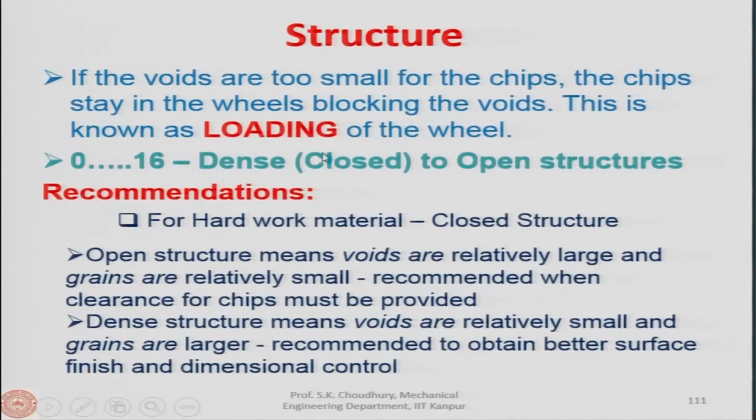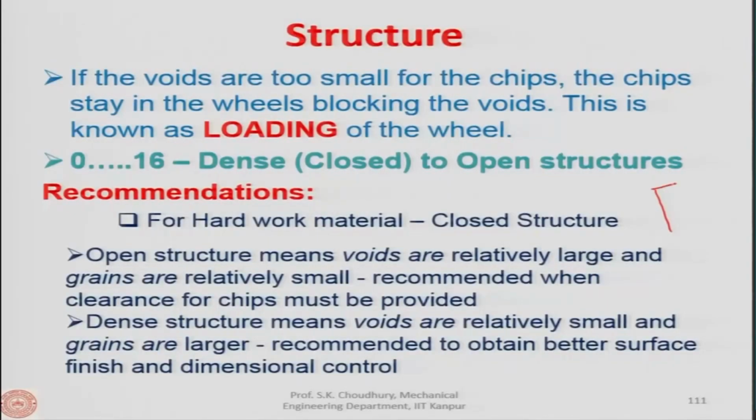In the wheel loading case, it is the layer of the clogged chips, and in the case of wheel glazing, it is the layer of worn out grains. Both of these layers have to be removed, and that is done in the following way.